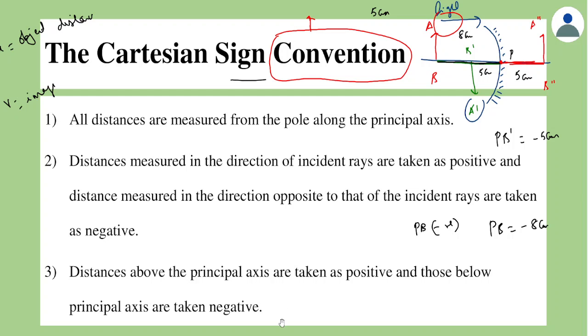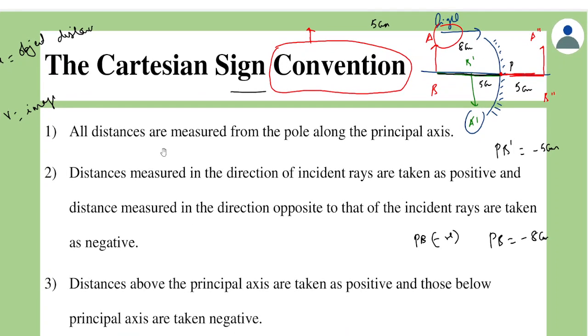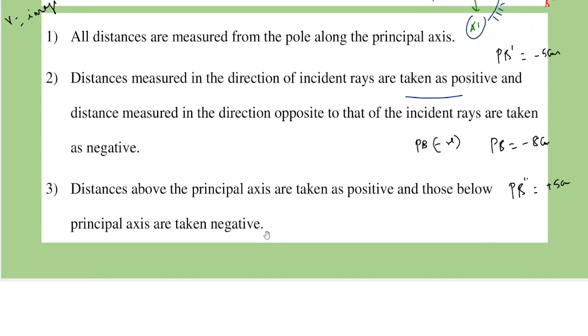So by sign convention, this PB double dash would be plus 5 centimeter. That's the meaning of the second convention. Distances measured in the direction of incident ray are taken as positive, and distances measured against the light direction are taken as negative.